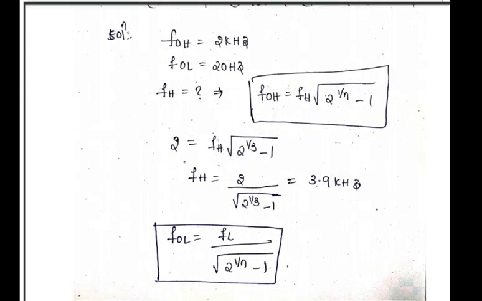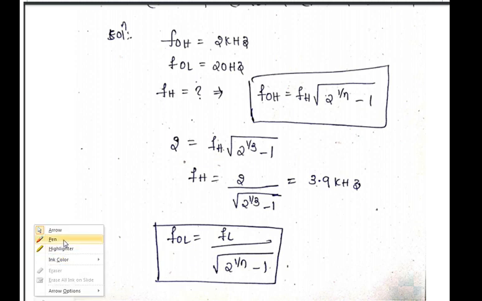In multi-stage amplifiers, to calculate the frequencies we have two formulas. To calculate FOH, the overall upper 3 dB frequency, the formula is FOH equal to FH, the individual stage higher cutoff frequency, multiplied by the square root of 2 power 1 by n minus 1, where n indicates the number of stages.